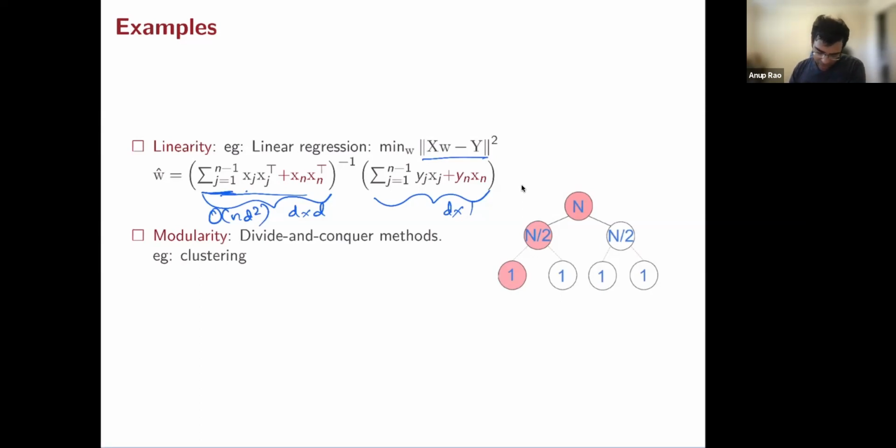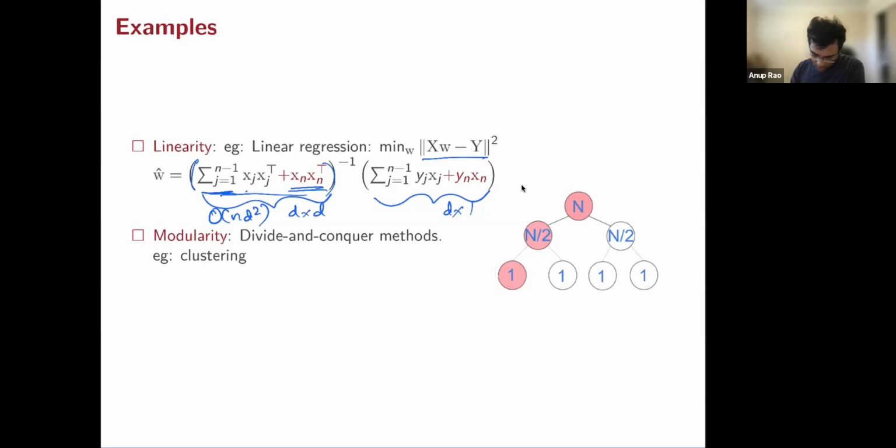But using just the structure of this, we can see that if we get a deletion request, say the nth data point needs to be deleted, then if we just store this d cross d matrix here, we can just remove the one data point, which just takes like d squared time, independent of n.